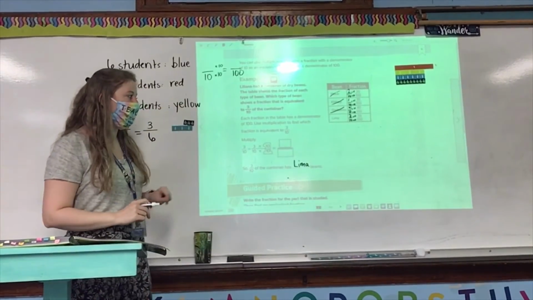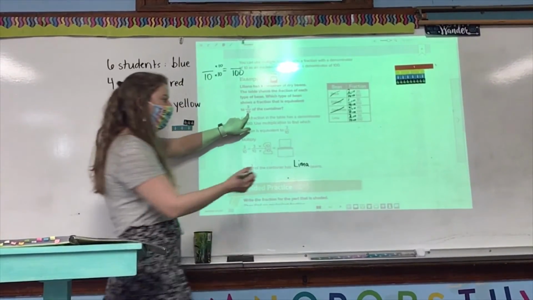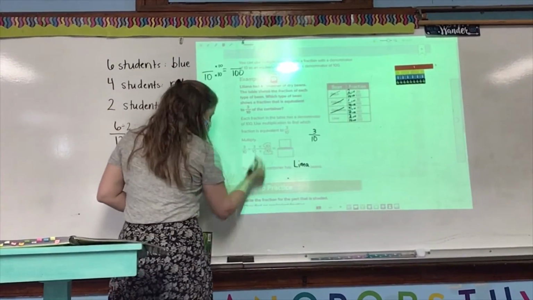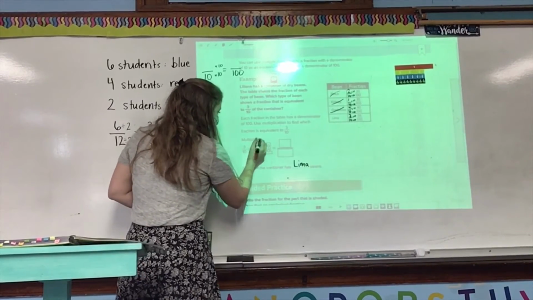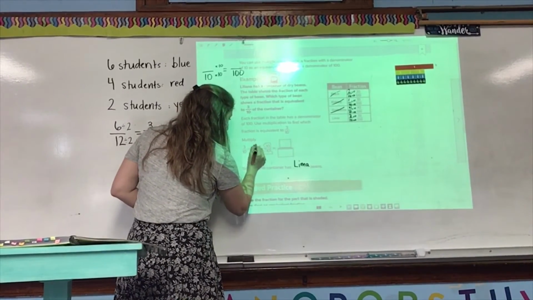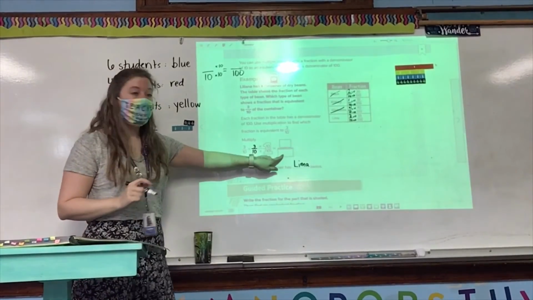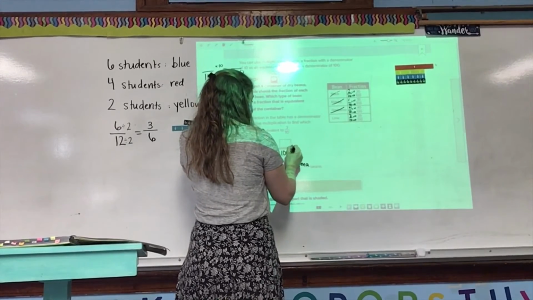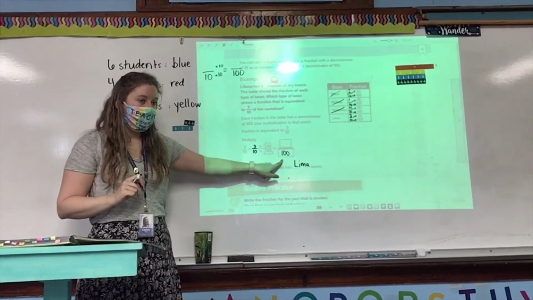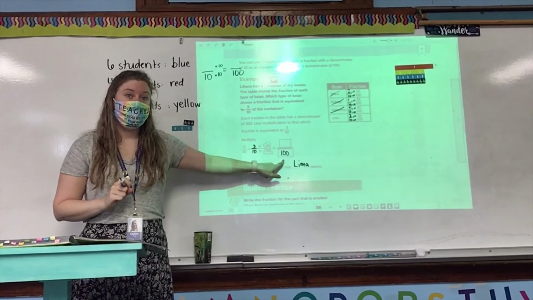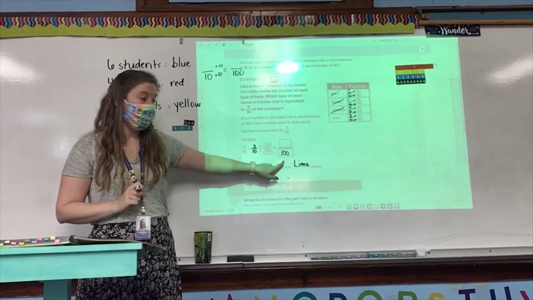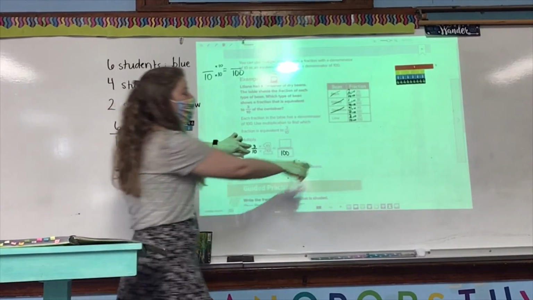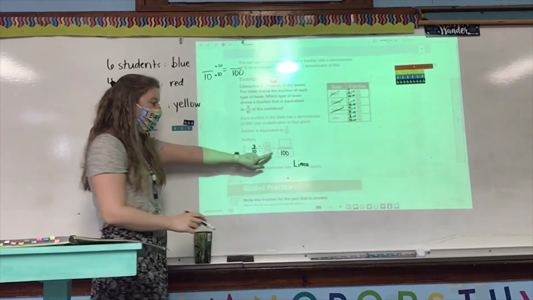Now, another way we could have done this is we knew we were finding something that was equivalent to 3/10. And we knew we were looking for an answer that had a denominator of 100. We knew our table gave us denominators of 100.